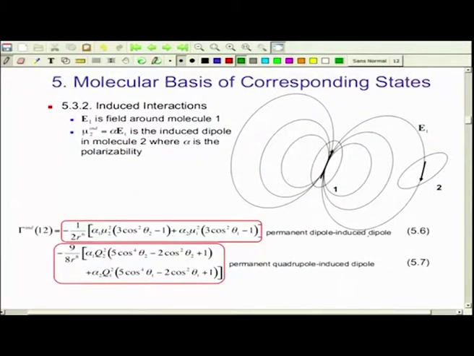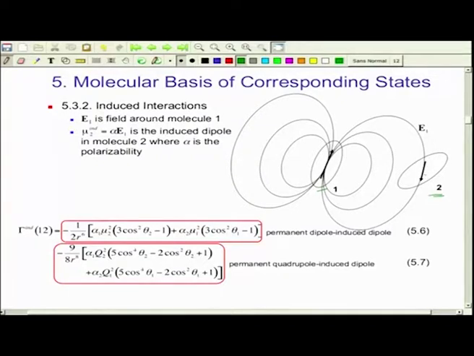Now, let me continue and come to the case of the induced interaction. So you consider this molecule 1, and this is molecule 2. Now, due to the fluctuations of the charges, there is a transient electric field around molecule 1, and due to that field, there is an induced dipole in molecule 2.